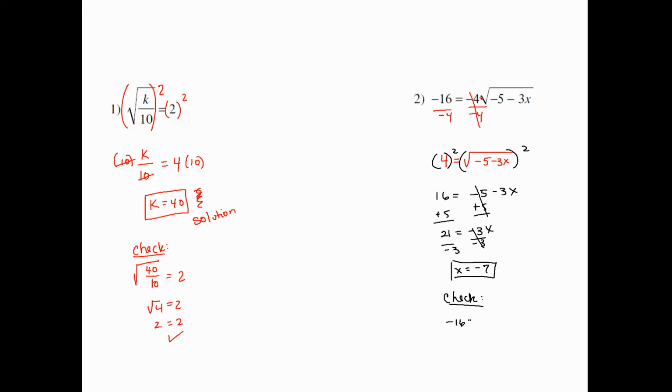So we have negative 16 equals negative 4 times the square root of negative 5 minus 3 times negative 7. Negative 3 times negative 7 is positive 21, minus 5 is 16. And the square root of 16 is 4, so this is a negative 4 times a 4, which is a negative 16. So a negative 16 equals a negative 16, so yes, this one is a solution.